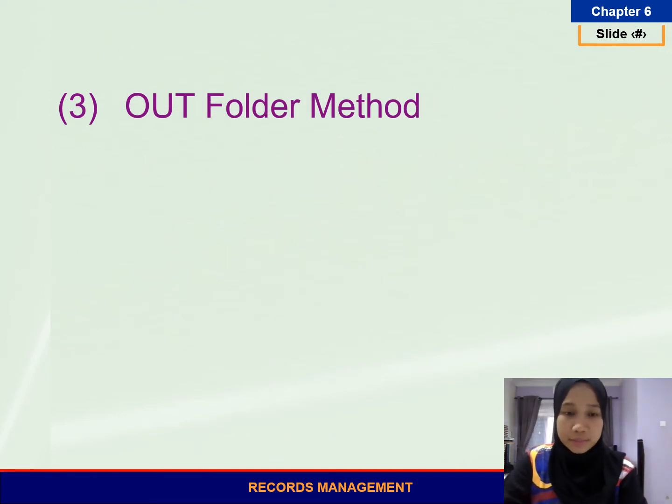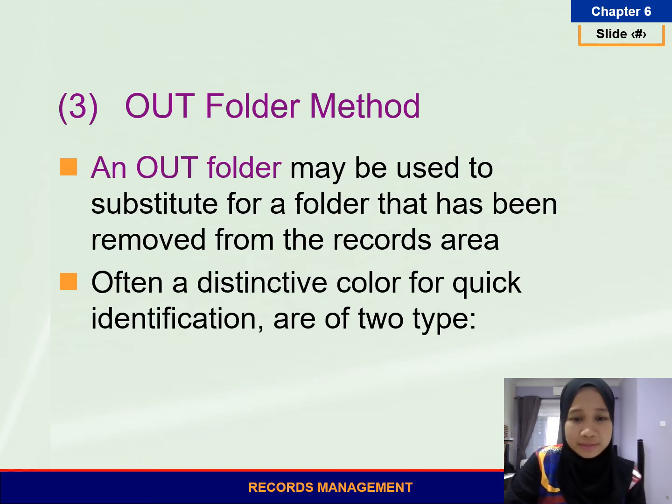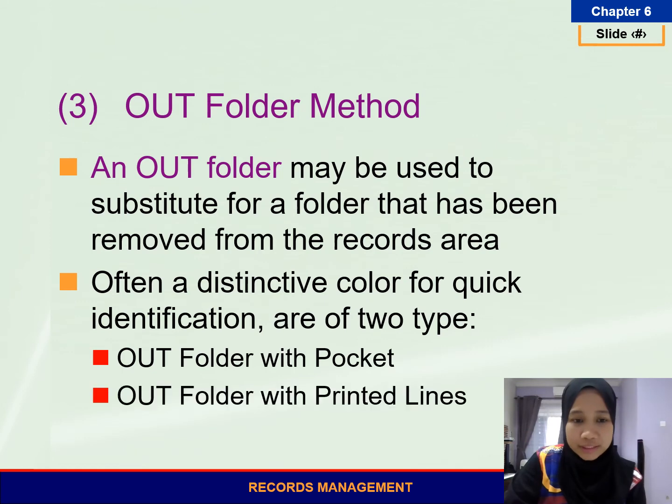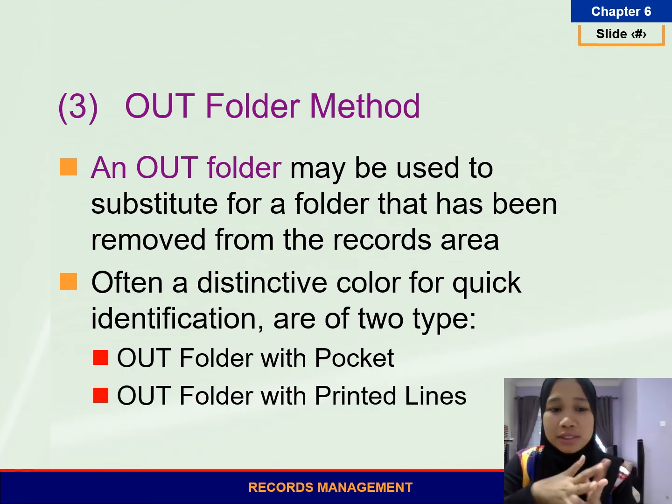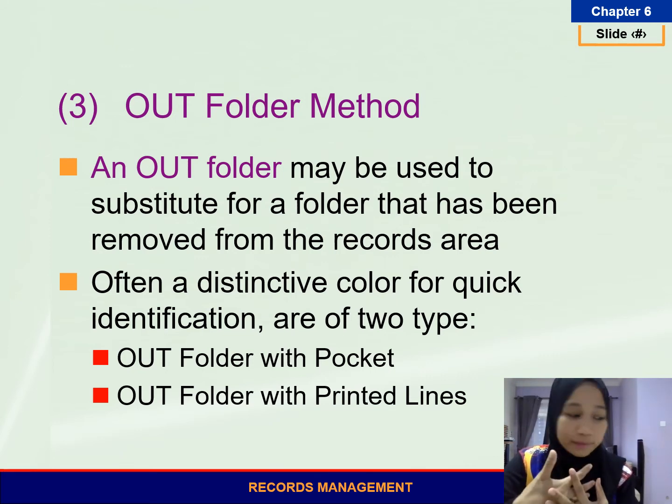Okay, next is third method that we can use as a marker that record has been removed, which is out folder method. Okay, so out folder method may be used to substitute for a folder that has been removed from record area. Okay, so kalau out folder method ni, macam tadi kita guna outguide method, requisition sheet, so ni out folder.